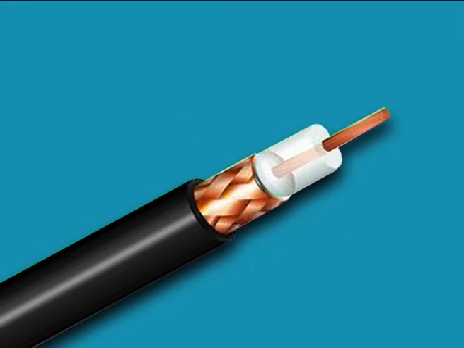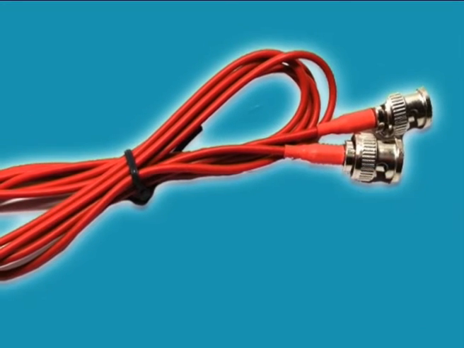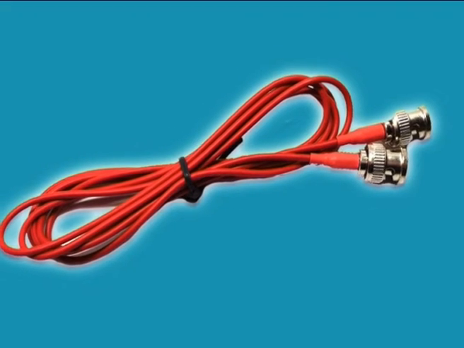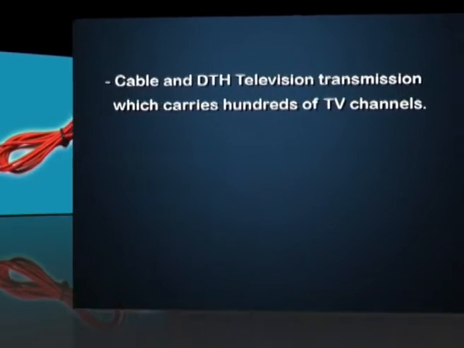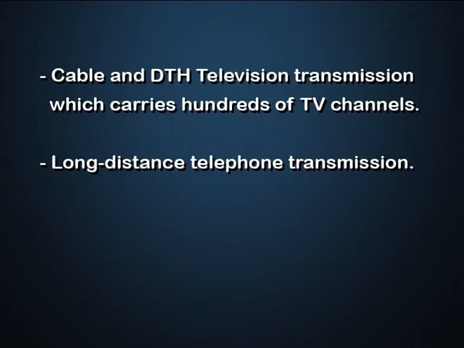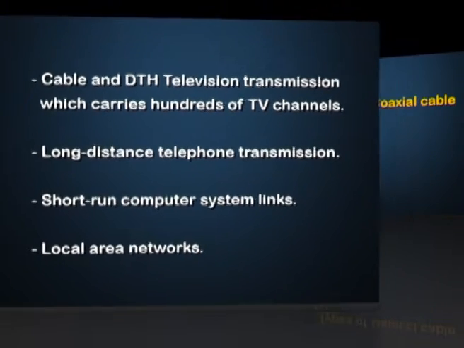Coaxial cable can be thick coaxial cable, called thicknet, or thin coaxial cable, known as thinnet. It is used in a variety of applications. Various important applications include cable and DTH television transmission, which carries hundreds of TV channels, long-distance telephone transmission, short-run computer system links, and local area networks.